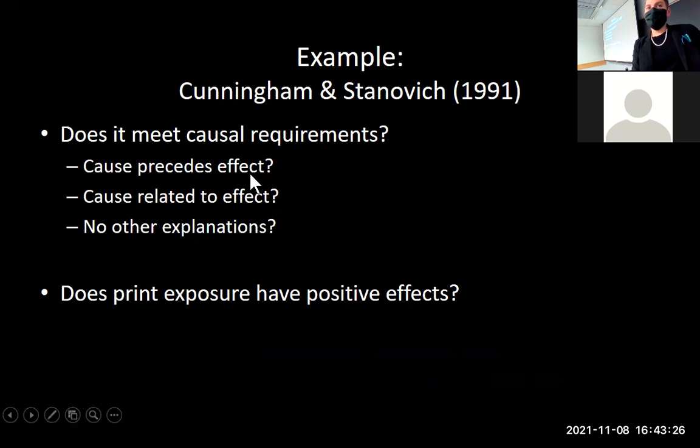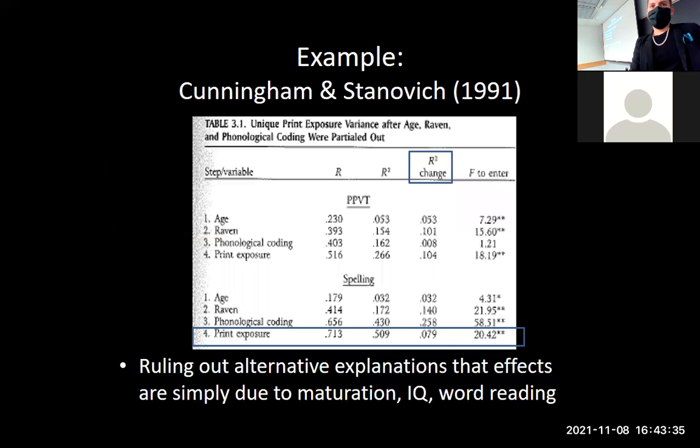Does the potential cause precede the effect? A potential cause is print exposure. So theoretically, yes. Although they are tested at the same time, theoretically, it's what you had been exposed to in the past that's being assessed by this.